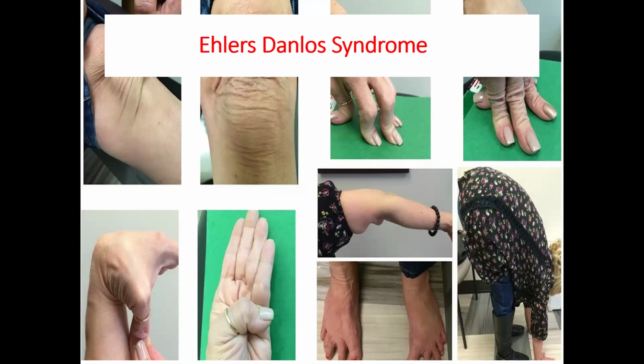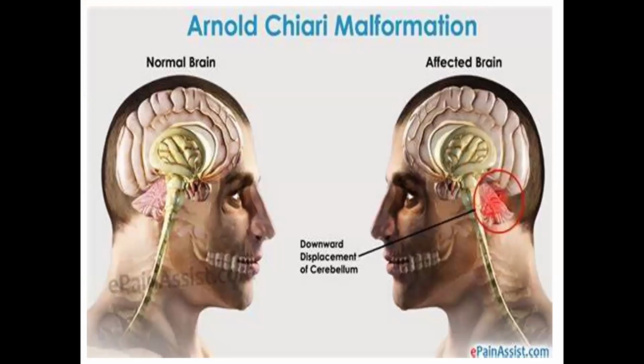Ehlers-Danlos syndrome is a very important syndrome for pain physicians because usually these patients complain of bone and joint pain. Also, these patients manifest other phenomena that can cause other types of pain besides the joint pain.